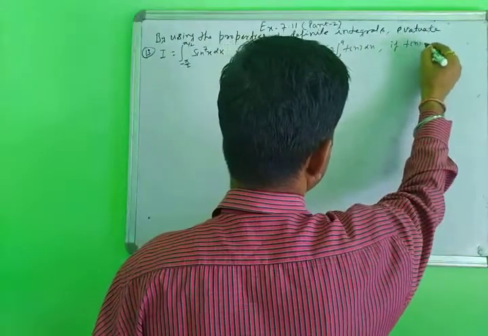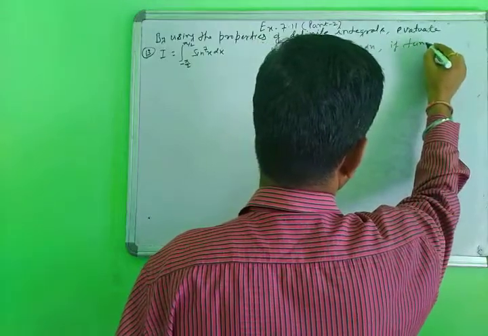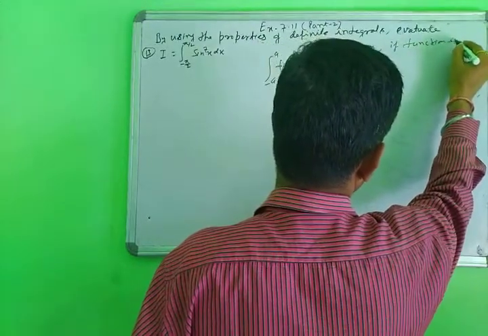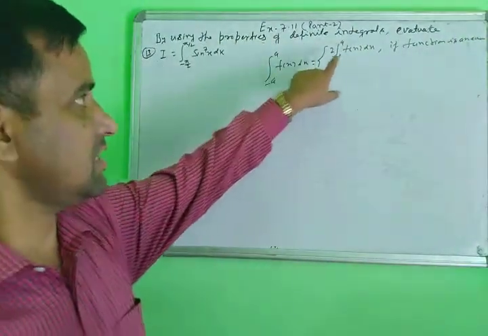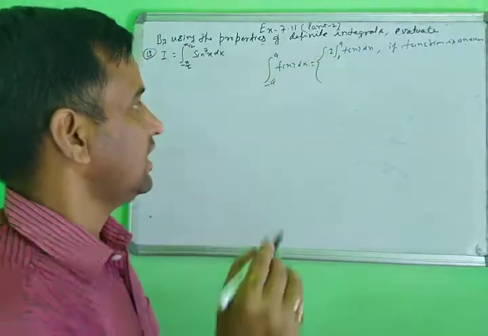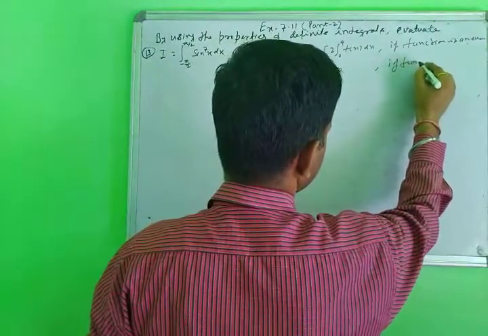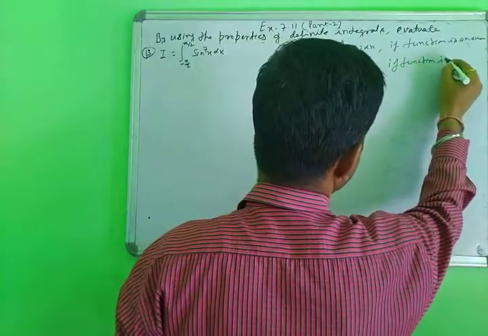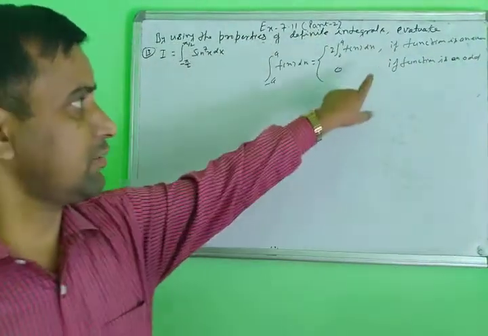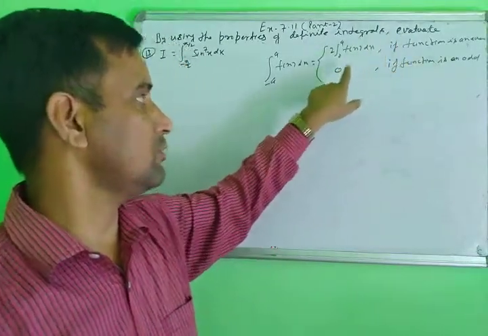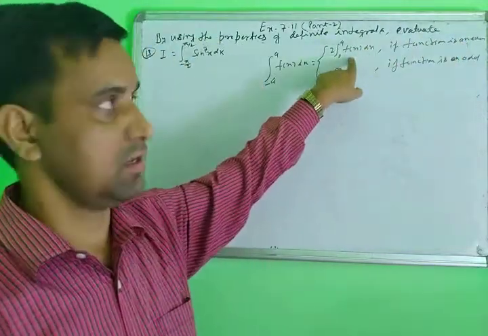If f(x) is odd, then the result will be 0. When the function is odd, the value of the integral is 0. When the function is even, the result comes according to this rule.